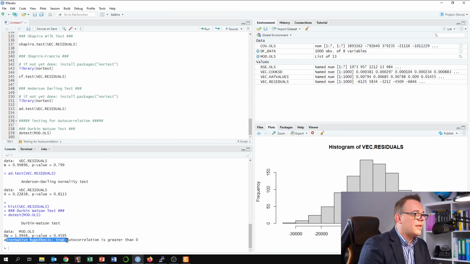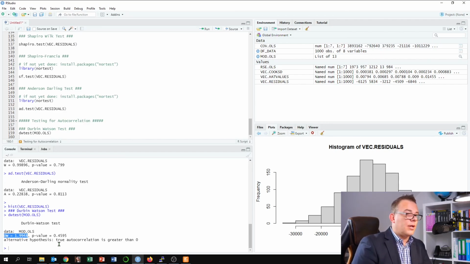Alternative hypothesis is true, autocorrelation is greater than 0, but nevertheless the p-value here is 0.45, so we stick with the null hypothesis, and we can look at this Durbin-Watson statistic. If this is close to 2, and this one is really close to 2, we don't have any autocorrelation problem. We stick with null, no autocorrelation problem here, and the DW statistic is very close to 2.